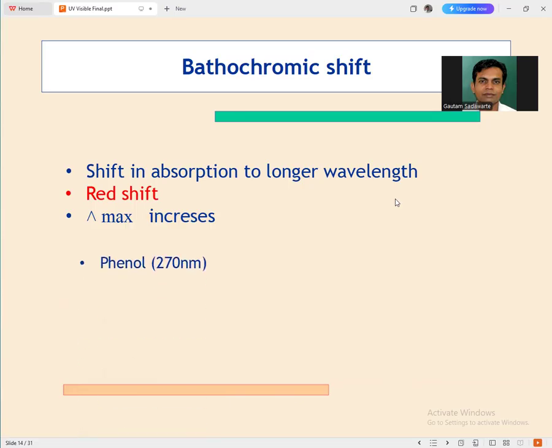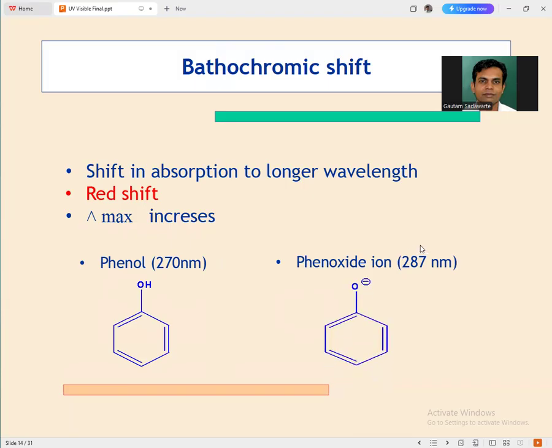See its example. Phenol absorbs radiation at about 270 nanometers. But if you remove the hydrogen from the OH group, you get the phenoxide ion, and its wavelength goes on increasing to about 287 nanometers.